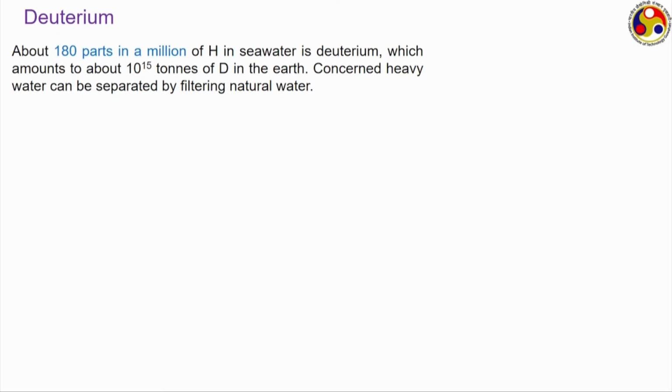So about 180 ppm of the sea water on earth is heavy water, that is, the concerned hydrogen nucleus is actually a deuterium. This amounts to something like 10 to the power 15 tons of deuterium on the earth, which is generally sufficient for projections of 3 million years. The heavy water can be separated by filtering this natural water.